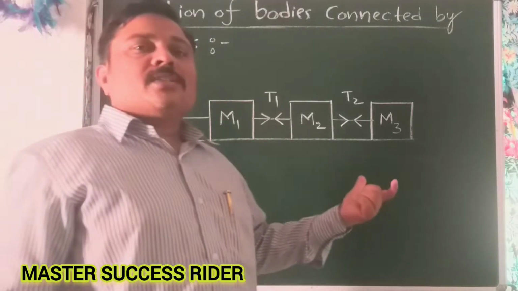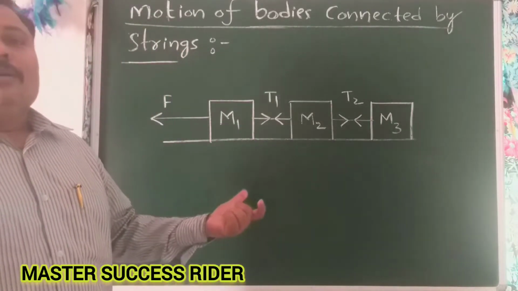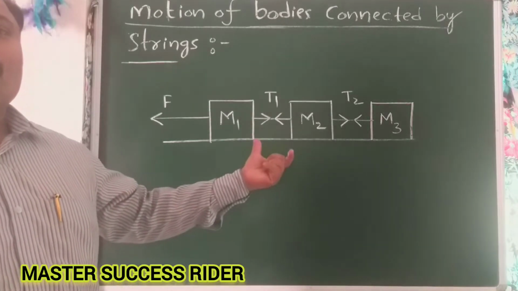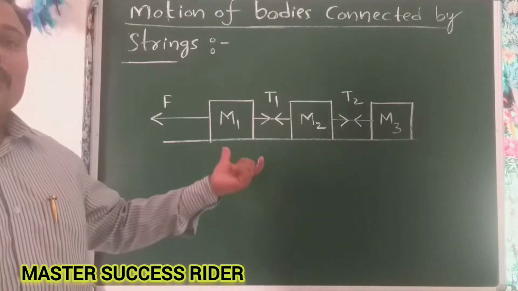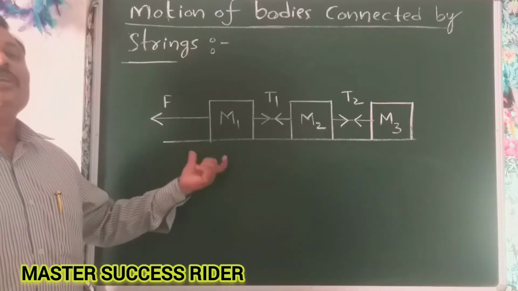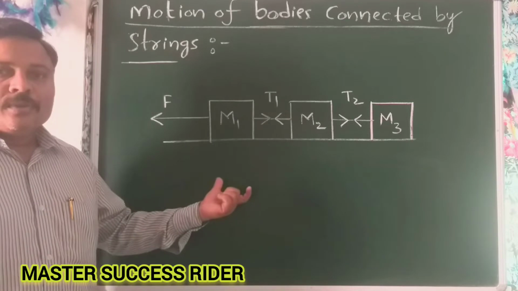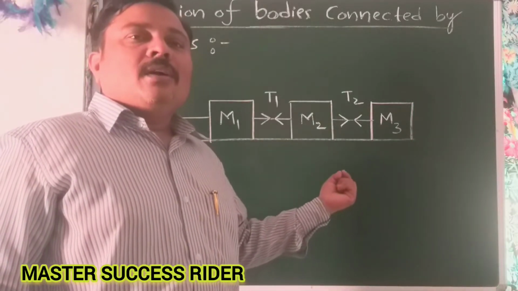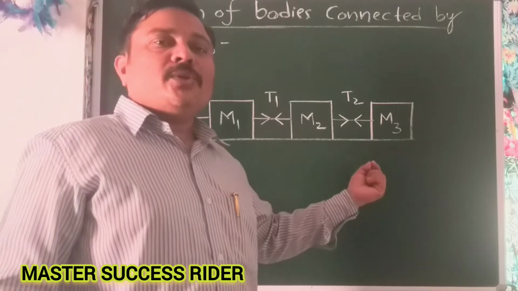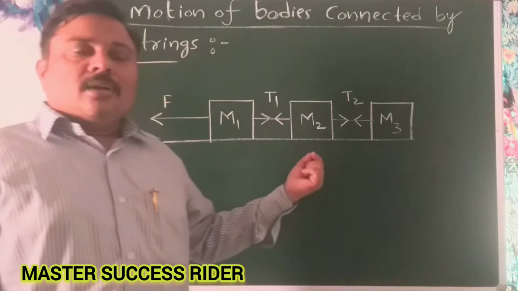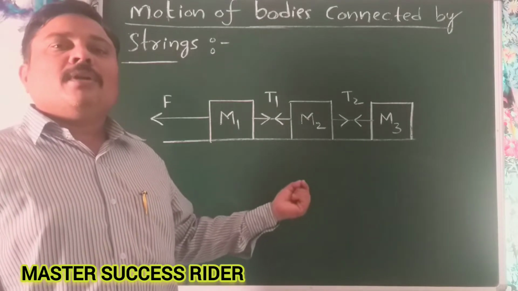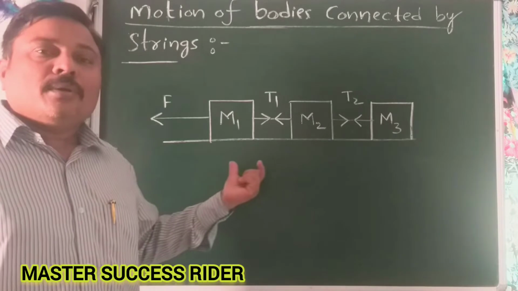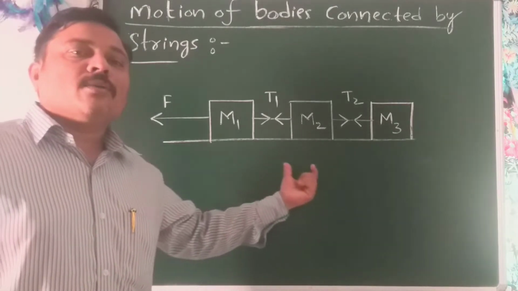In the previous class we already discussed the motion of bodies connected by strings with M1 and M2 only. But today we are going to discuss three masses connected by strings. In this case we want to calculate the acceleration, tension T1 and tension T2 in the strings. What is tension? Tension is nothing but the tightness of the string, the tightness produced by one body on another body.